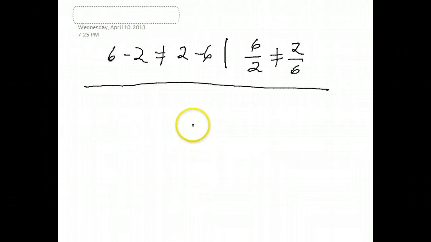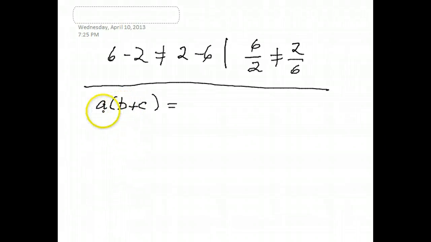Okay, now let's look at the distributive law. That is on page 112 in your book. The distributive law says the following. If I have a number outside a group of numbers in parentheses, and it can be 2 or 3 or 4 or 5, then I can multiply the number outside the parentheses by the first number inside the parentheses, and then multiply the number outside the parentheses by the second number inside the parentheses.